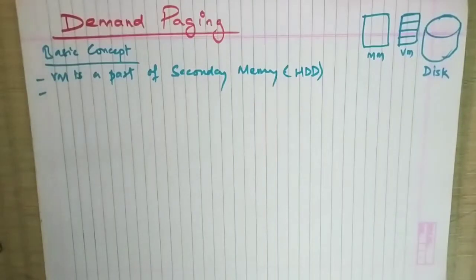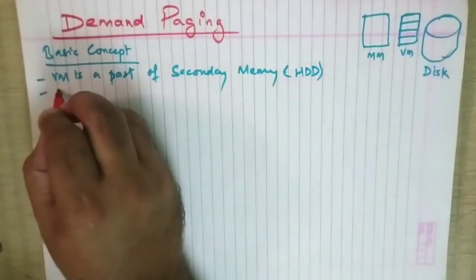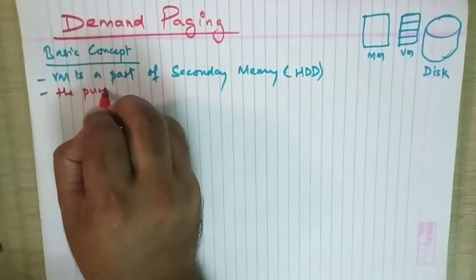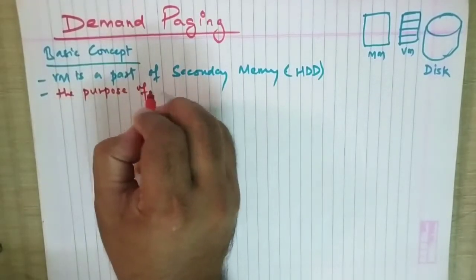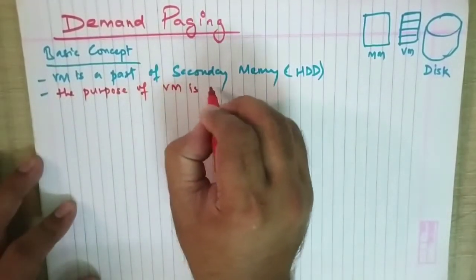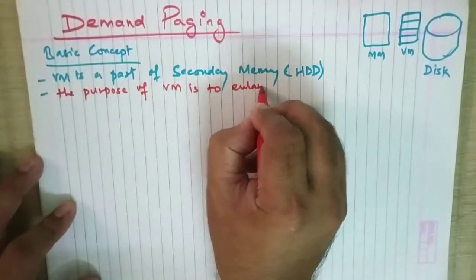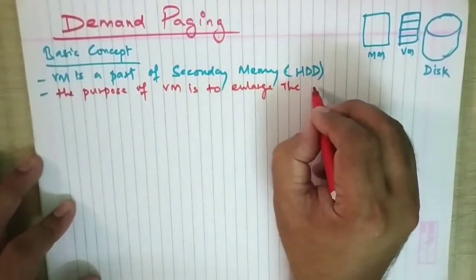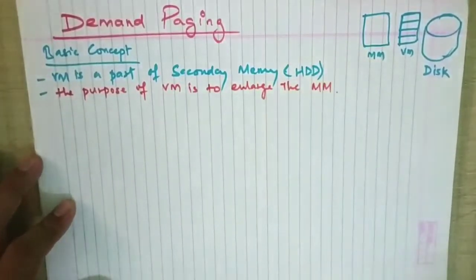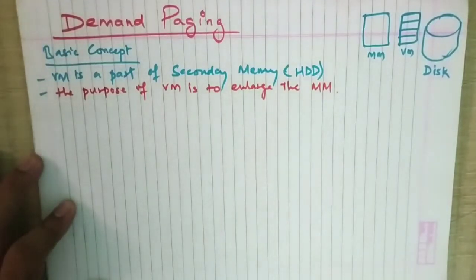The purpose of virtual memory is to enlarge the main memory. That is the set of addresses a program can utilize.